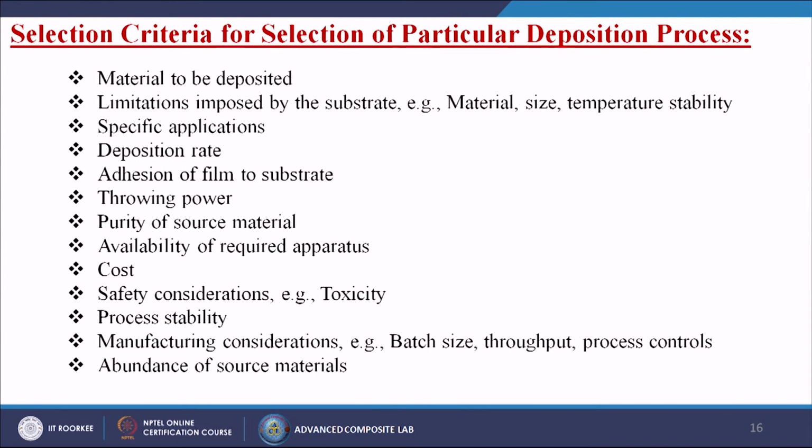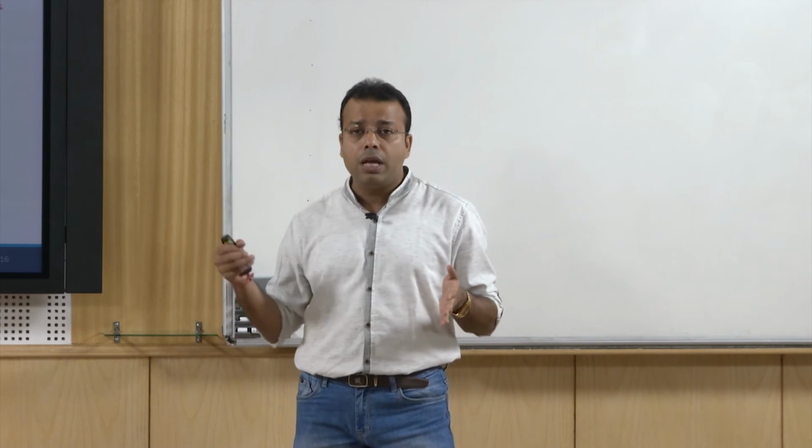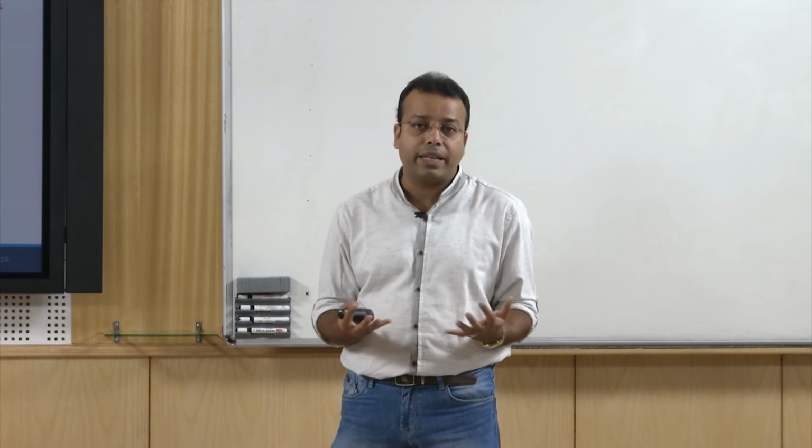First is the material to be deposited: which material we are going to deposit, and what are the characteristics of that particular material. Limitations imposed by the substrate, material size, temperature, stability. Suppose I have a soft material, I can't go for the physical depositions because I can't use a certain load or pressure by which the material can be deformed.